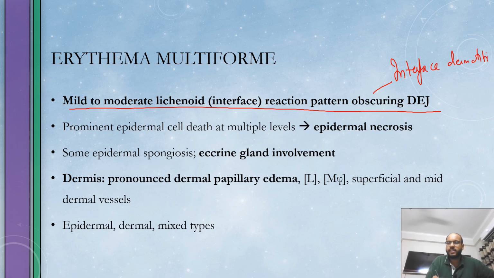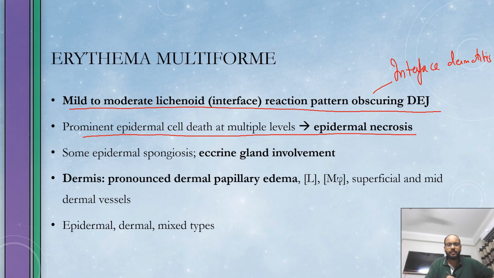And that is what we see in erythema multiforme or SJS-TEN, GVHD or drug reactions. Okay, there is prominent epidermal cell death at multiple levels. That is how there can be prominent epidermal necrosis in a biopsy.